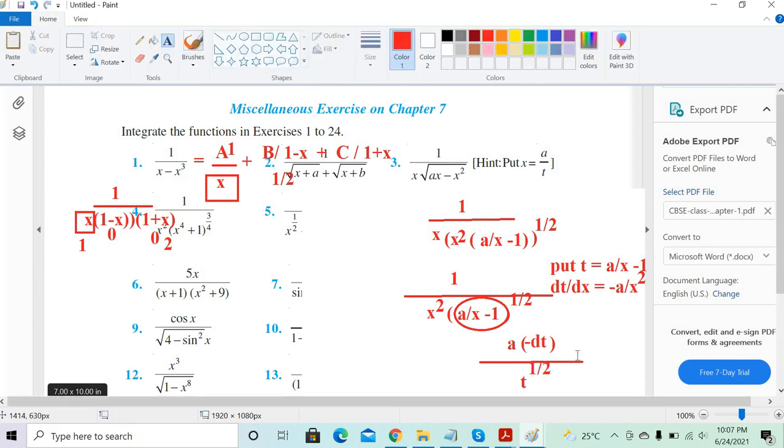Done. Then you just have to integrate it. Now, a is the constant part, so you do the integration, and that's it. Got it or not? Yes, sir. Got it. Okay, excellent. Try it out now.